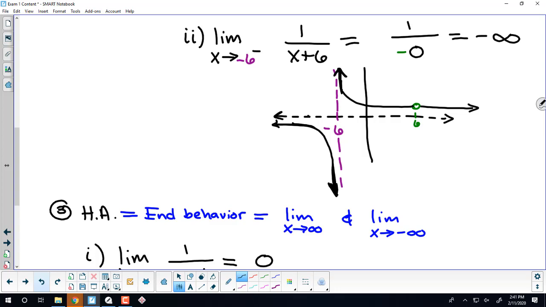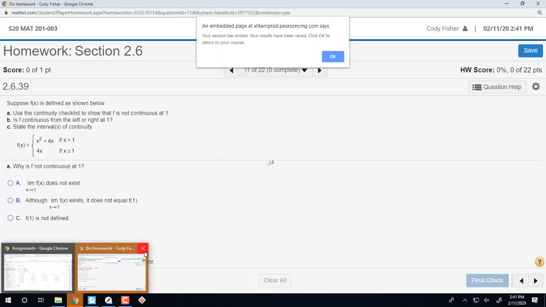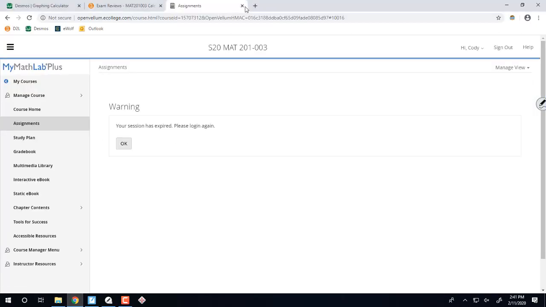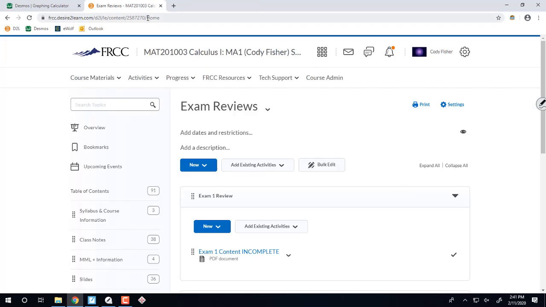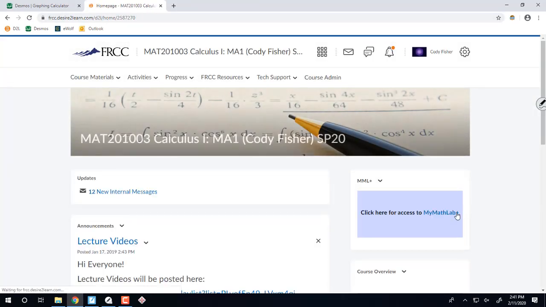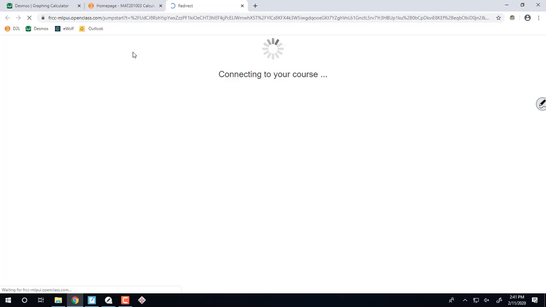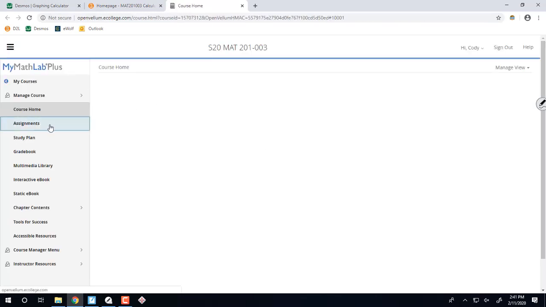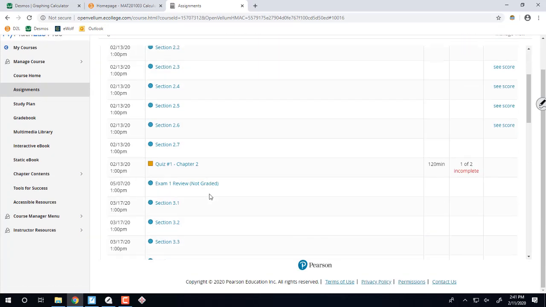And we can look at some more limits too, because there are like 14 questions on the exam about limits. Also, if you have time or want extra practice, you can do this exam review that's not graded.